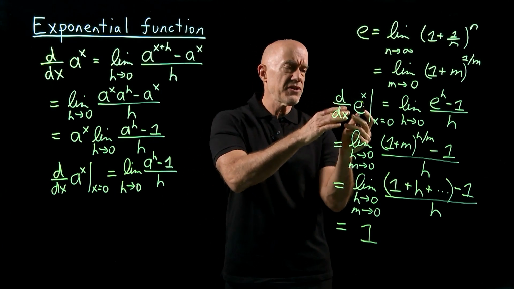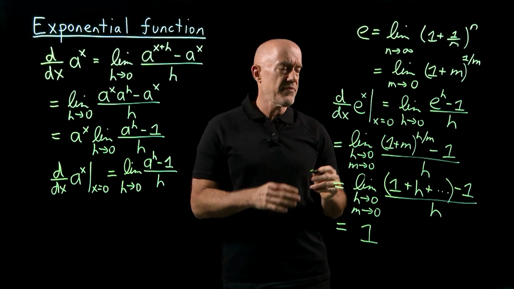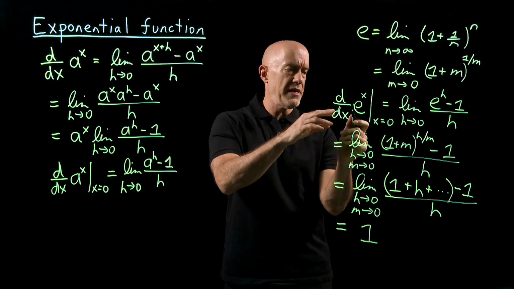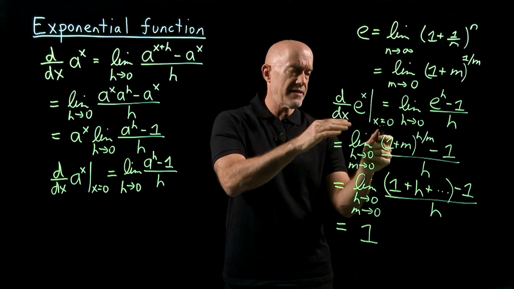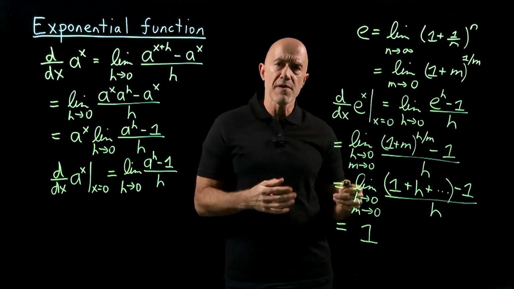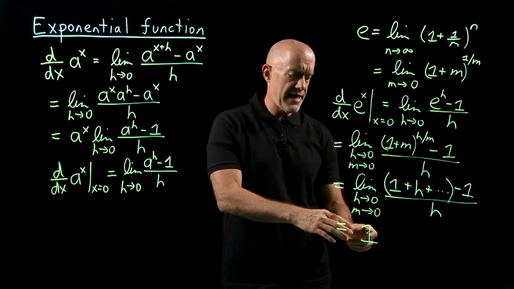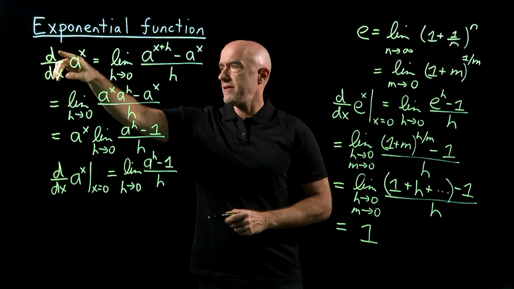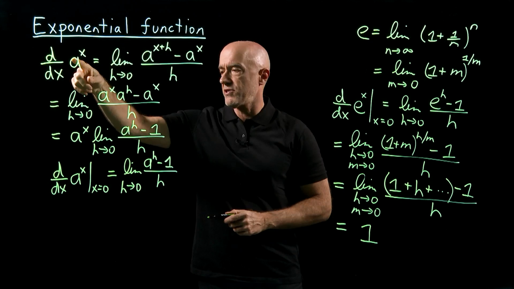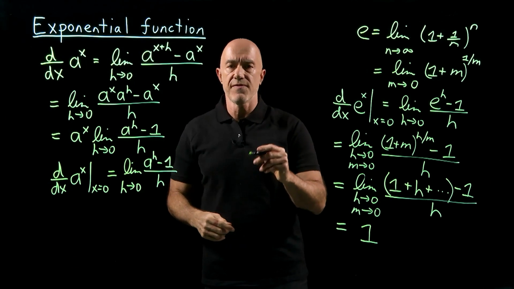So the exponential function with base e has this special property that the slope of e to the x at x equals 0, the slope of the tangent line, is exactly equal to 1. So that means that the derivative of the exponential function is the exponential function.